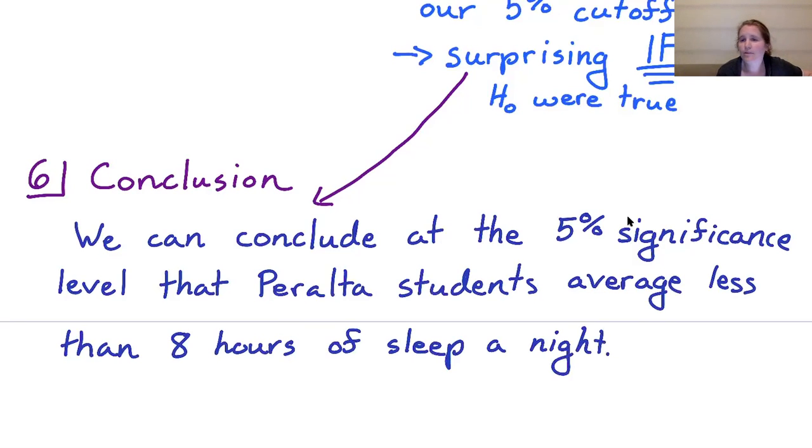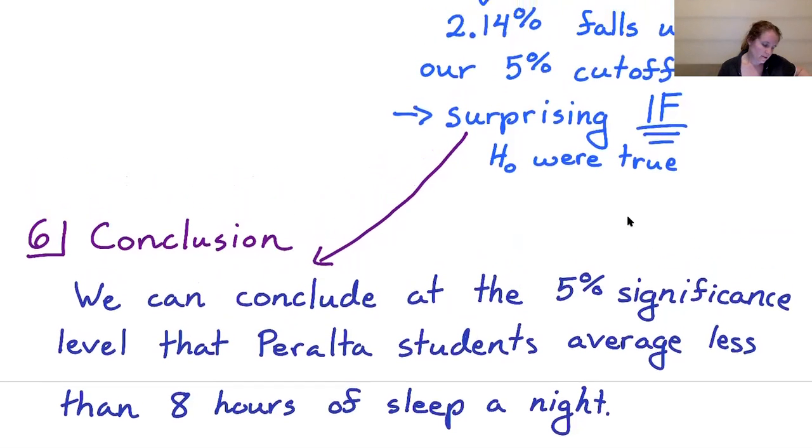So again, if we get that it is surprising, assuming the null hypothesis is true, then that makes us think that maybe we were wrong about the null hypothesis and we should instead conclude the alternative. If we get that it's not surprising, if it does not fall below our 5% cutoff, then we simply say we don't have enough evidence to conclude. All right, so again, this was using t-score.